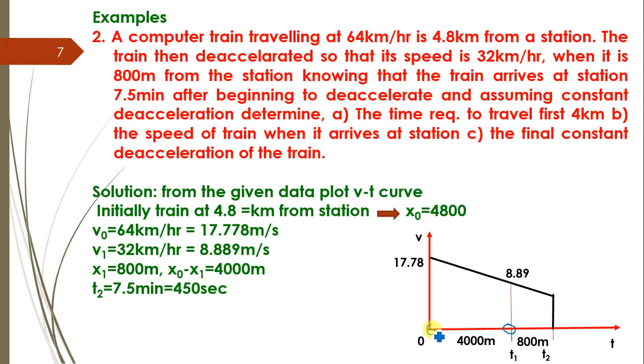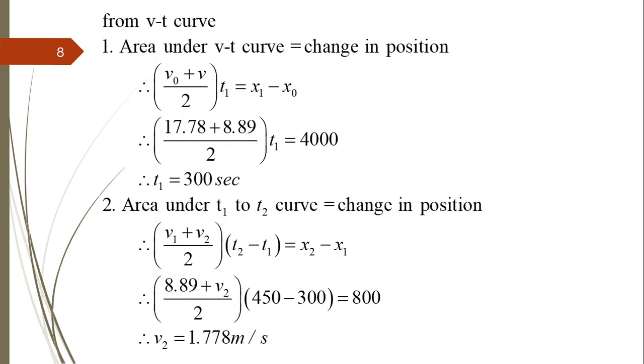So the trapezoidal area is half of the base into the sum of these two values, that is (v0 plus v) divided by 2 into t1.